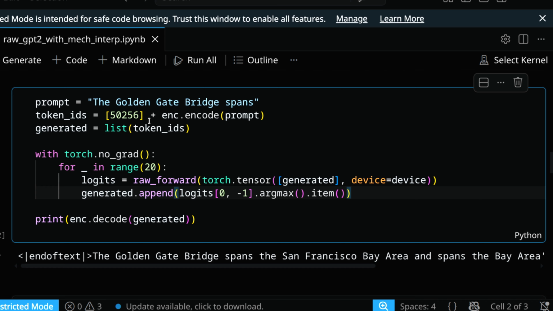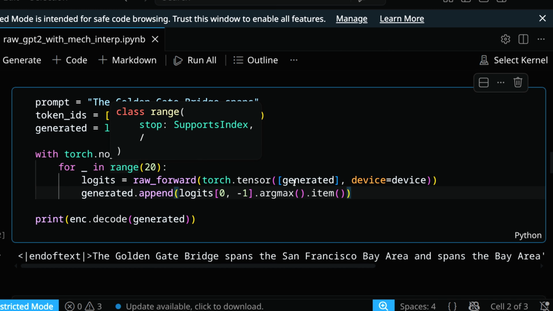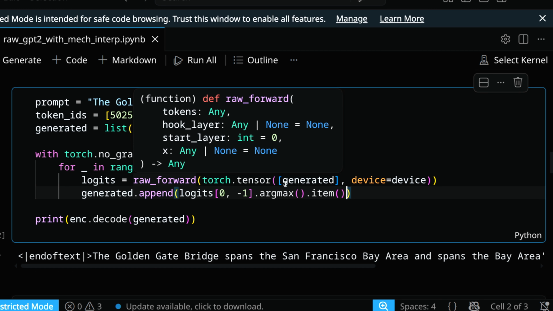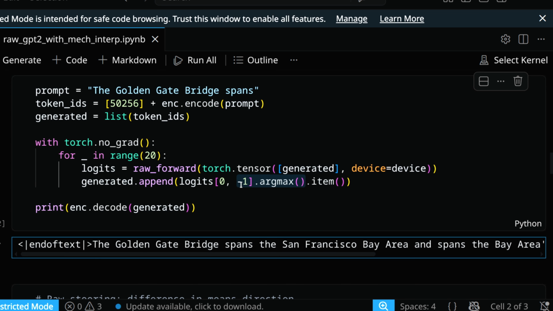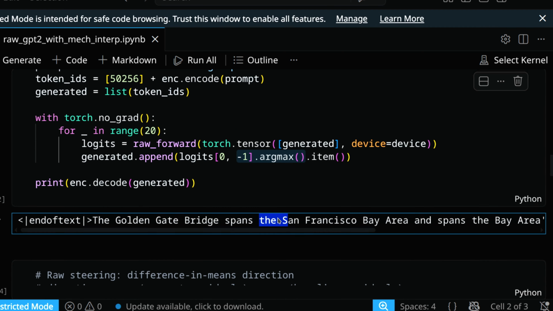And so then it could attach it to here and process the stuff through the forward pass again to predict the next word. In this case, once again, the Golden Gate Bridge spans. It found that the highest number was wherever the location for the word the is. So it got that number, and then it predicted that's the next word, and so on.